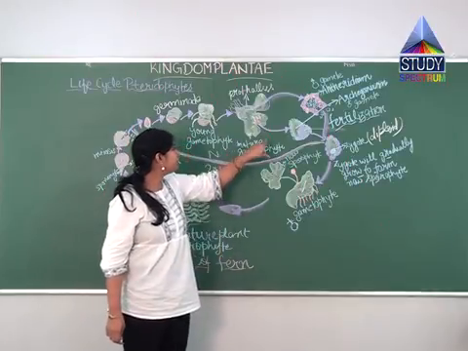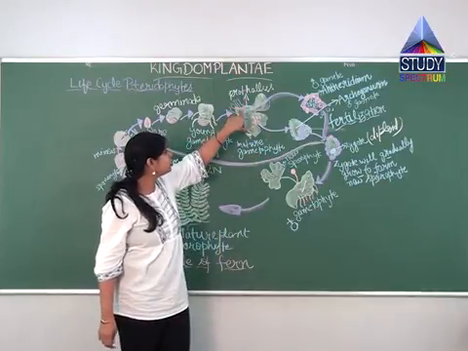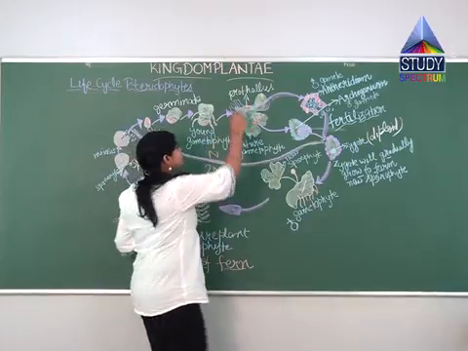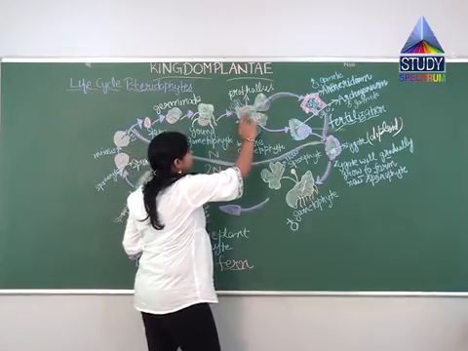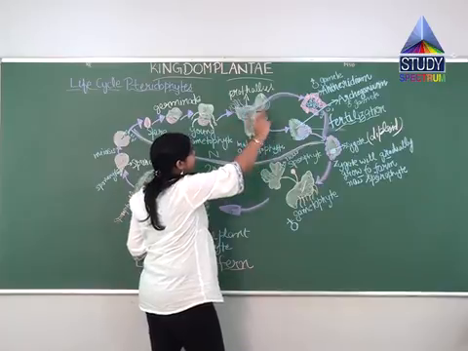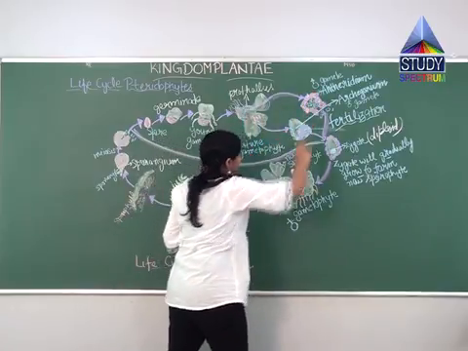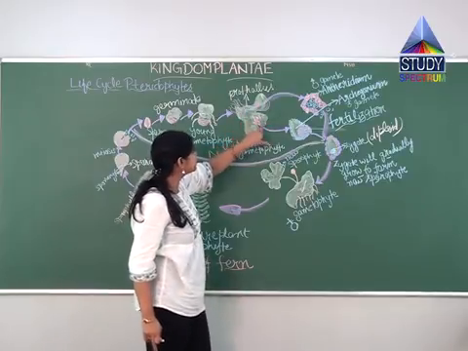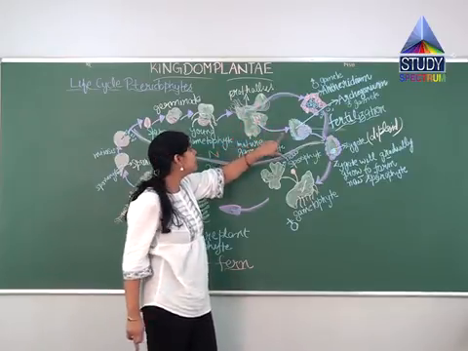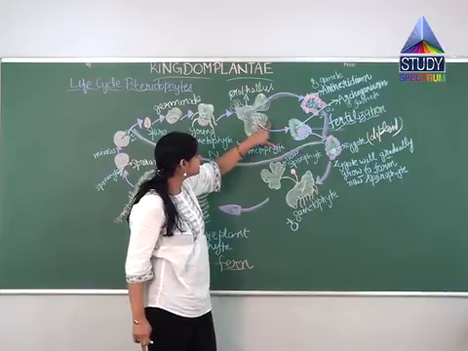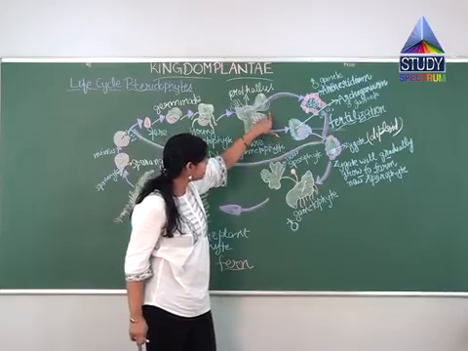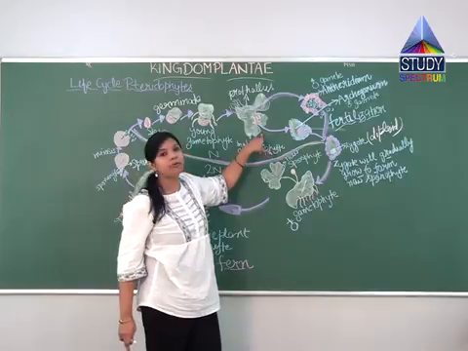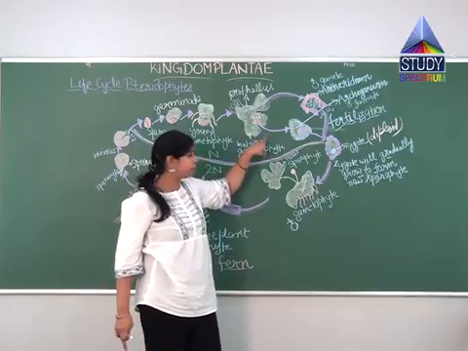So this will be a mature gametophyte that will include both antheridium and archegonium. This structure will be an antheridium, which produces the male gamete. Here both the gametes will be haploid, and this one is an archegonium, that is the female gamete. This stage will be a photosynthetic stage, meaning it can survive on its own and make its own food.